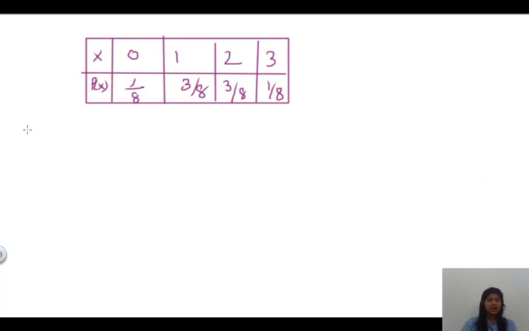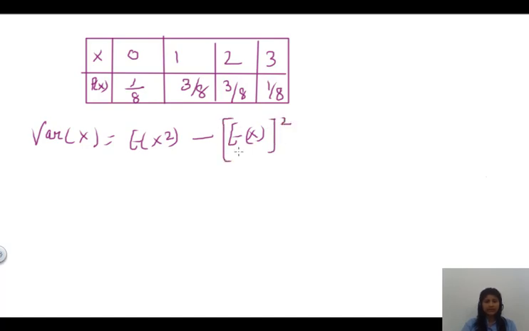The variance formula is variance of x equals E of x square minus the mean that we calculated, whole squared. For this, we first square the random variable values: 0 square is 0, 1 is 1, 2 square is 4, 3 square is 9. Now we multiply the probabilities with the value of x square.